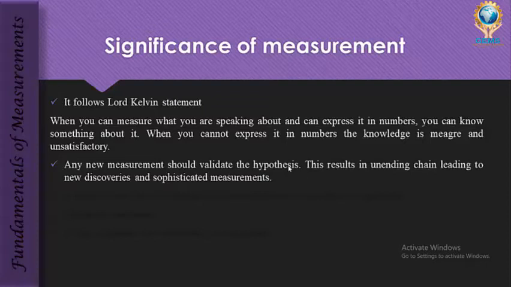Any new measurement should validate a hypothesis. For example, if I am proposing a unit for a particular standard, then it should properly validate the hypothesis. What do you mean by hypothesis? It is a theoretical standard. So it should prove the theoretical standard. If it is not proving a theoretical standard, then it results in an unending chain leading to new discoveries and sophisticated measurements.